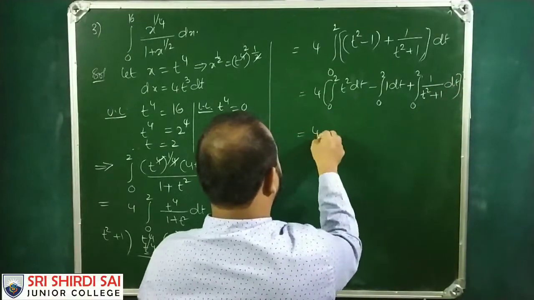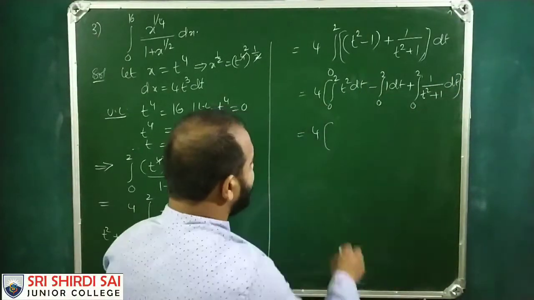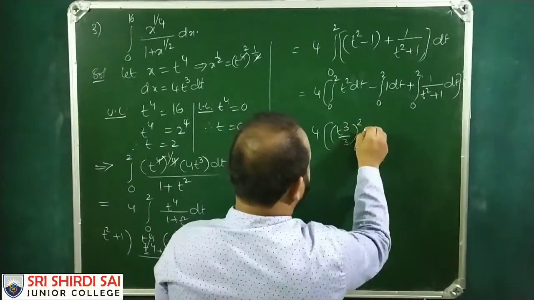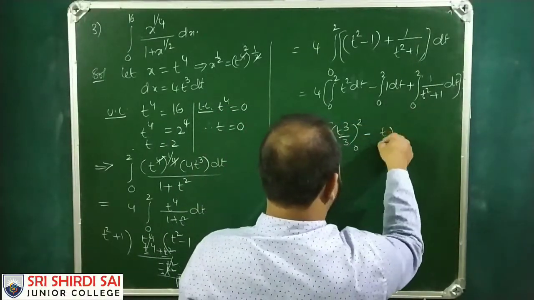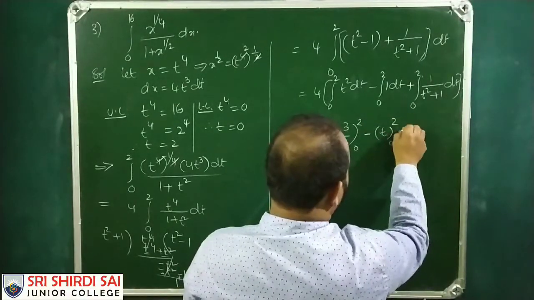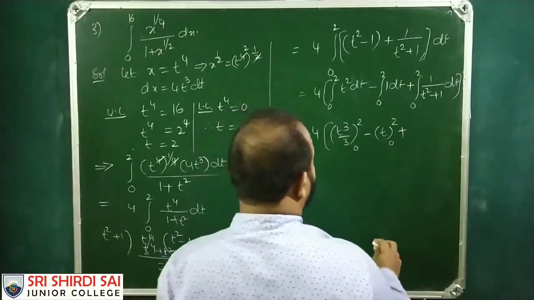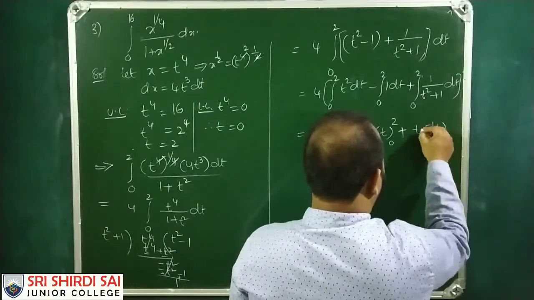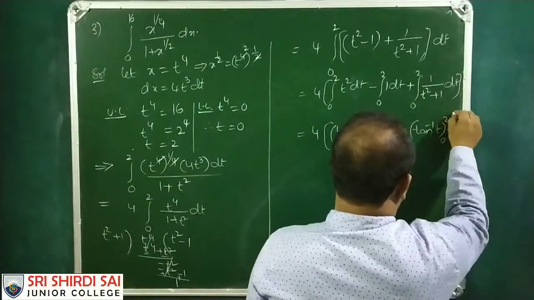So 4 times: integral t square dt is t cube by 3 from 0 to 2, minus integral 1 dt is t from 0 to 2, plus integral 1 by 1 plus t square dt is tan inverse t from 0 to 2.